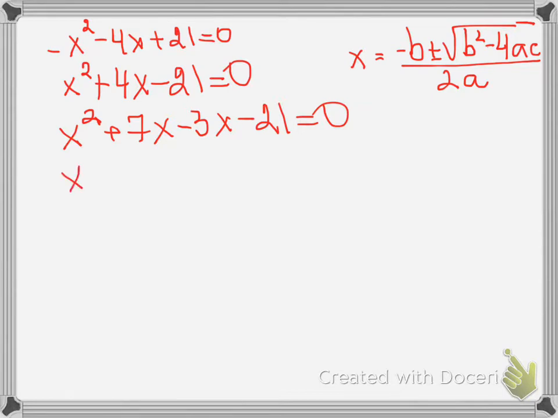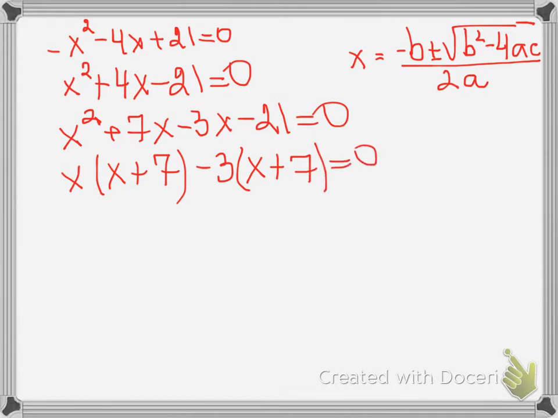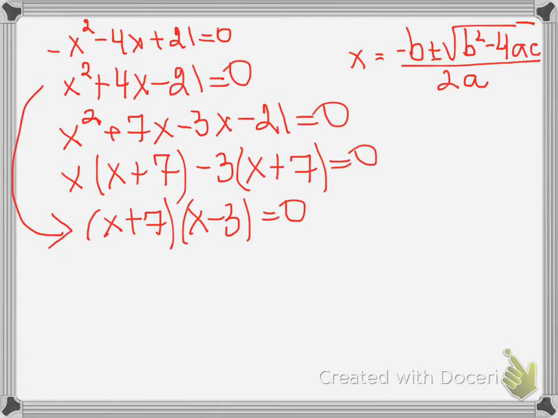That gives us x times the quantity x plus 7, minus 3 times the quantity x plus 7 is equal to 0. It means that we can actually factor to x plus 7 times x minus 3 is equal to 0. If you remember how to factor directly from this all the way down to this factored form, by all means, you can go for it.